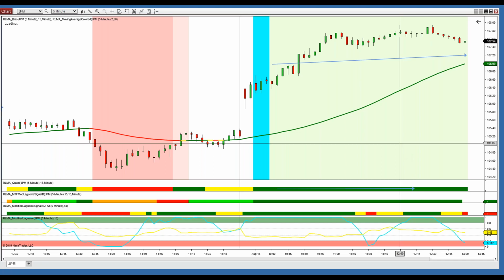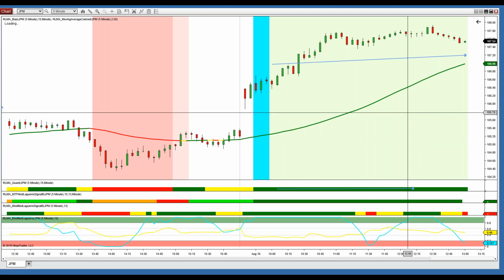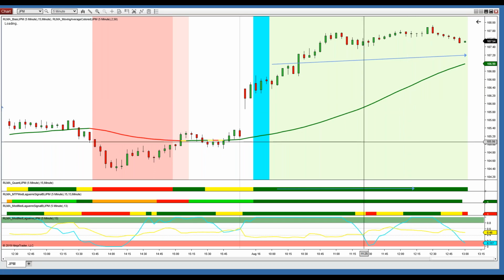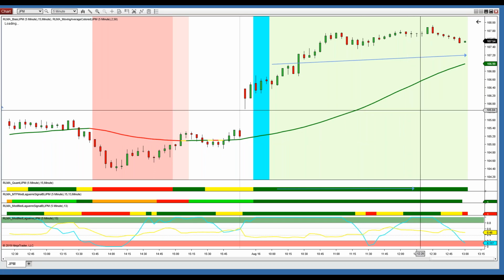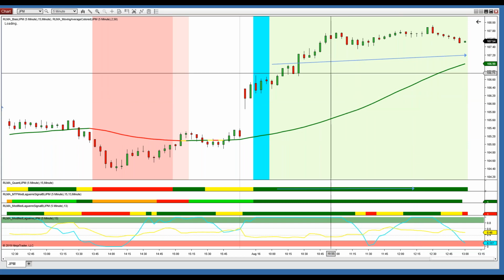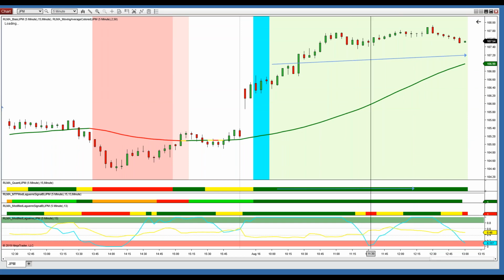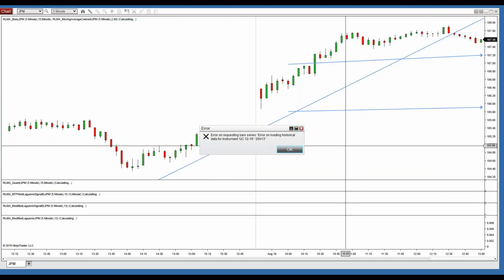JP Morgan is in certain ETFs. It's a part of the Dow 30. So there are correlative markets that should move up when JP Morgan moves up. And it's an indication of money flow. If money is flowing into JP Morgan, here we go.